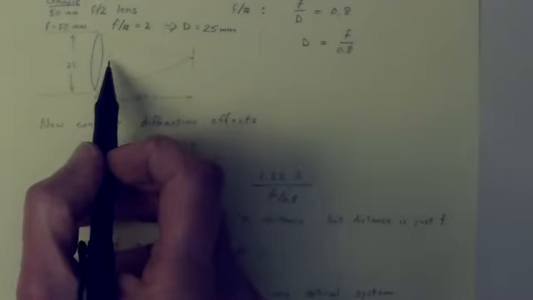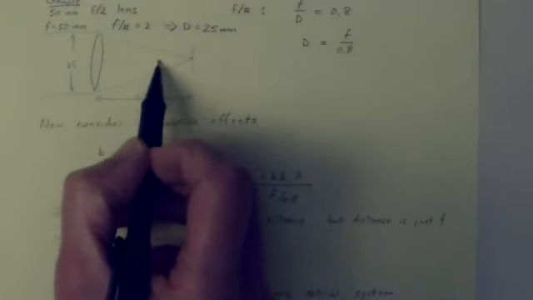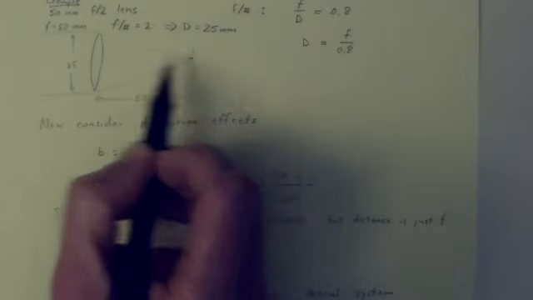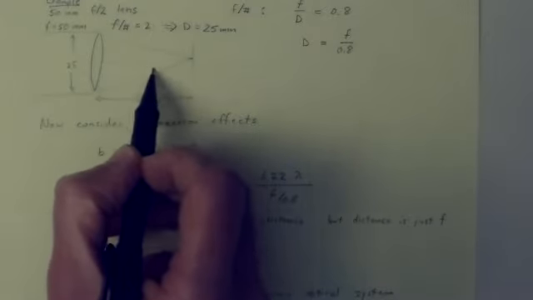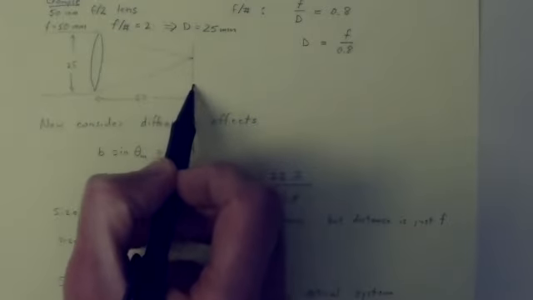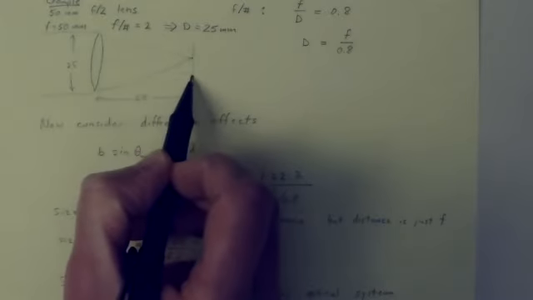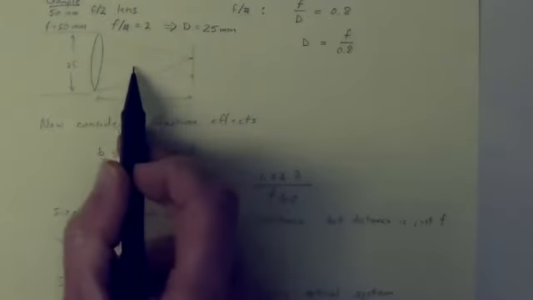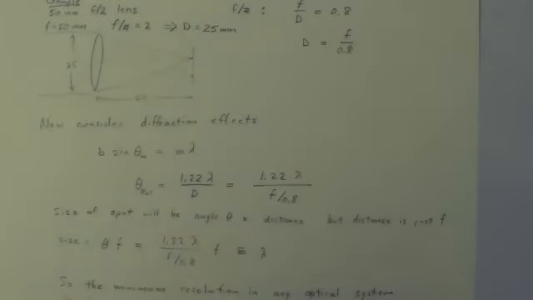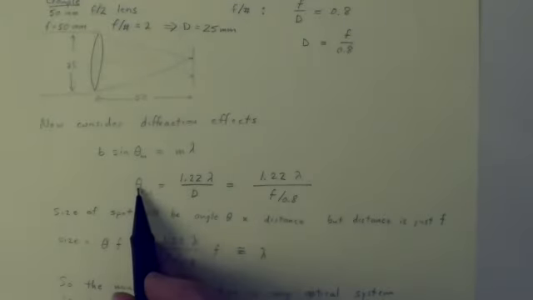So up here, you would imagine here's 1 point, and now you want to be able to distinguish that from some other point over here, where different rays are converging to form a spot over here. How far apart in angle are those two? That's the angle that comes into the Rayleigh criterion.